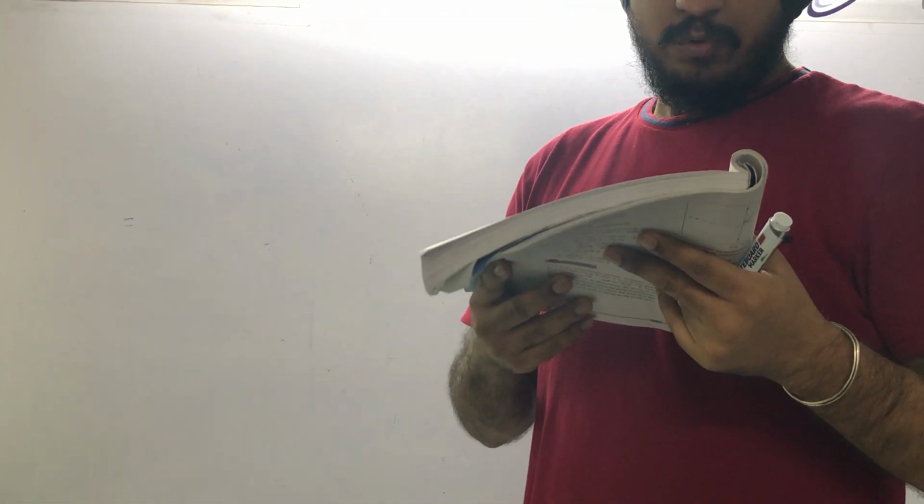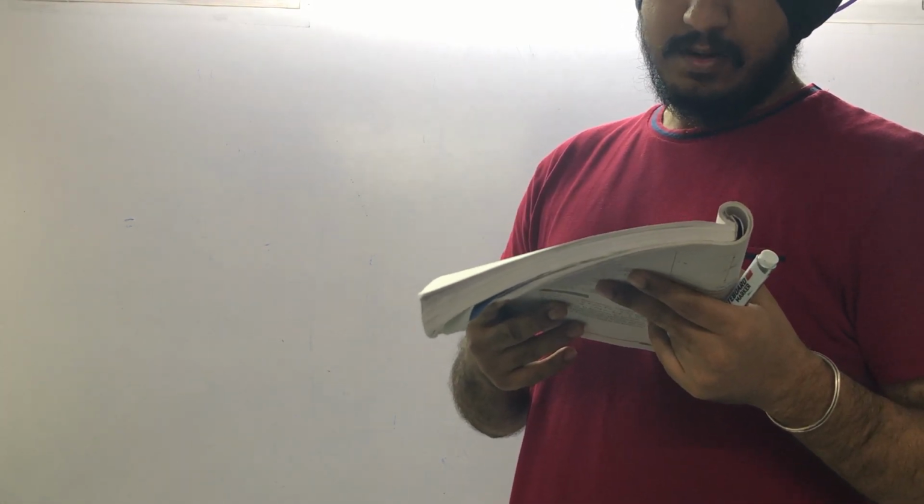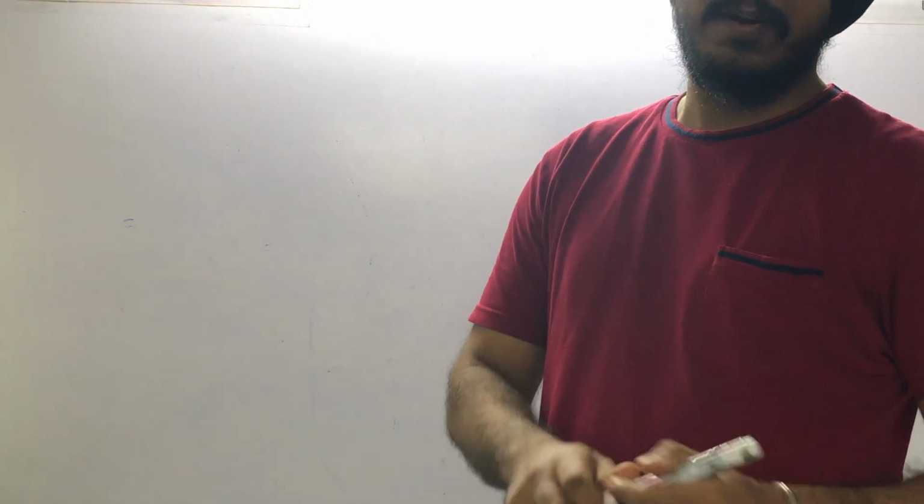Next question. If 2 sin square theta plus 3 sin theta is equal to 1, find the permissible values of cos theta. Okay, so first of all you will write the question.